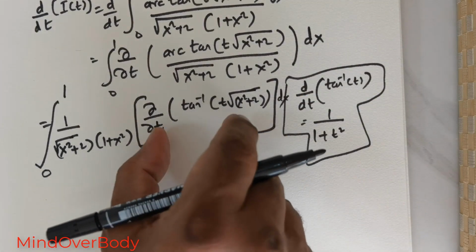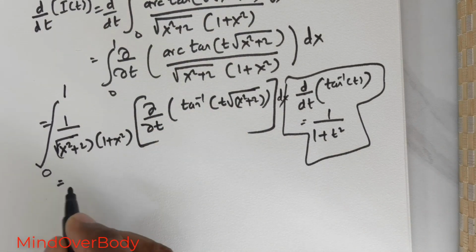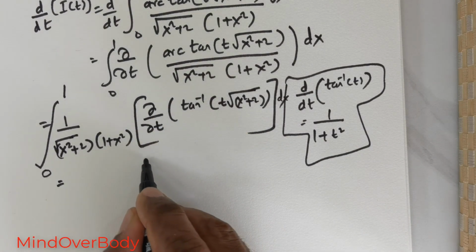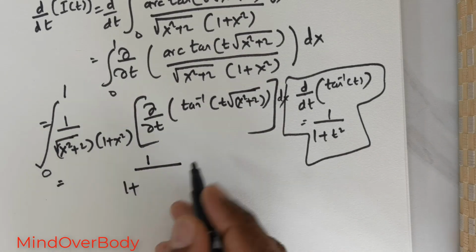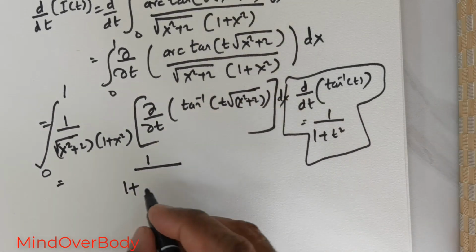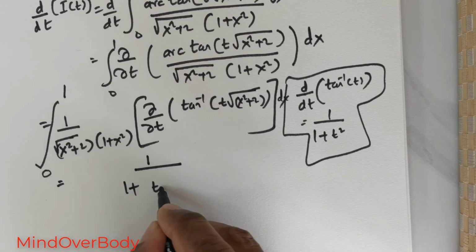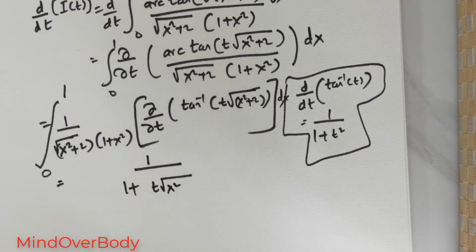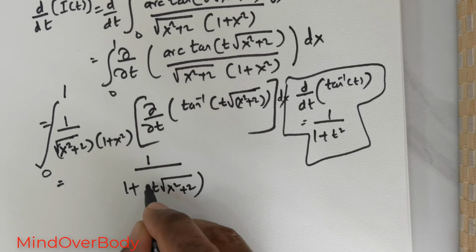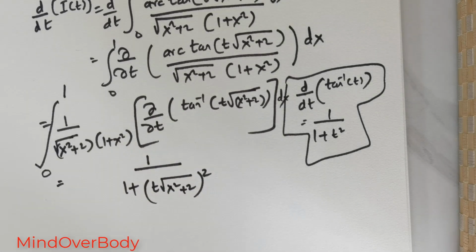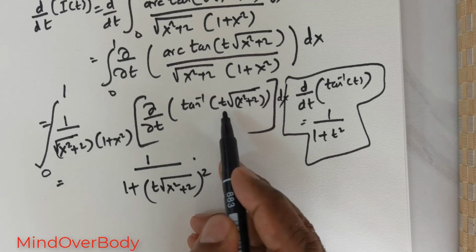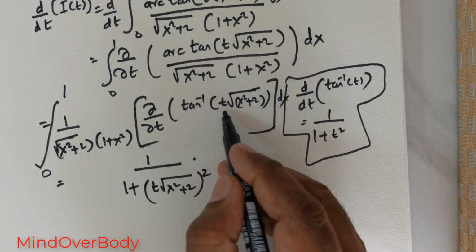If I differentiate this, it is going to give me 1 over 1 plus t times root of x squared plus 2, raised to the power of 2, times the differentiation of this entire quantity.